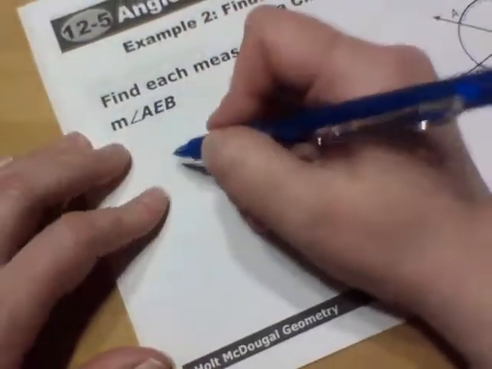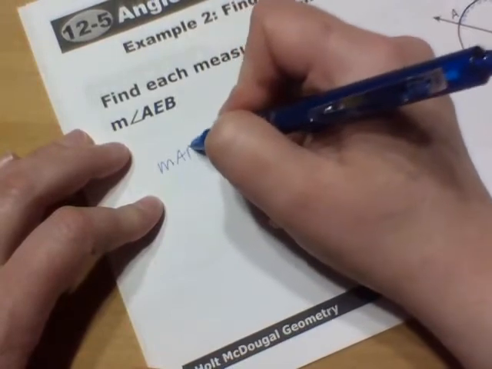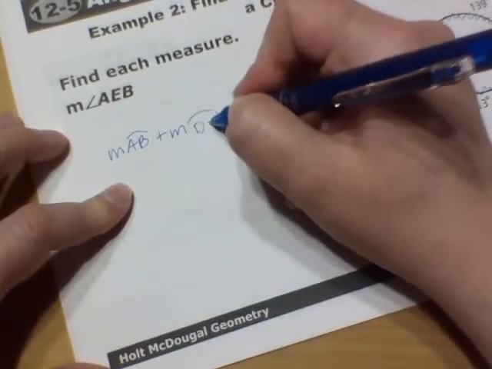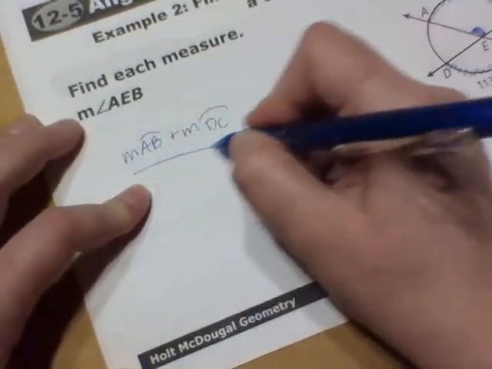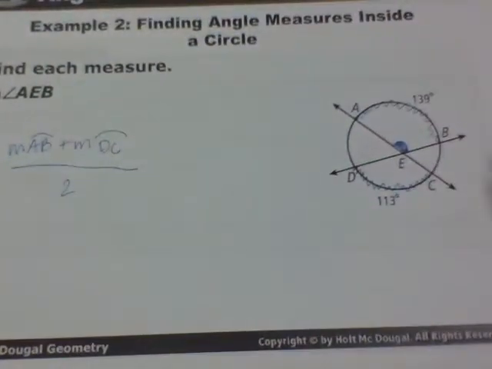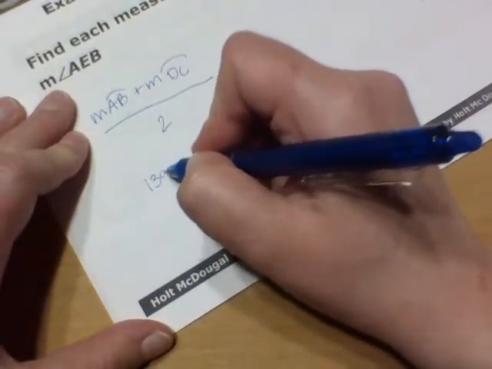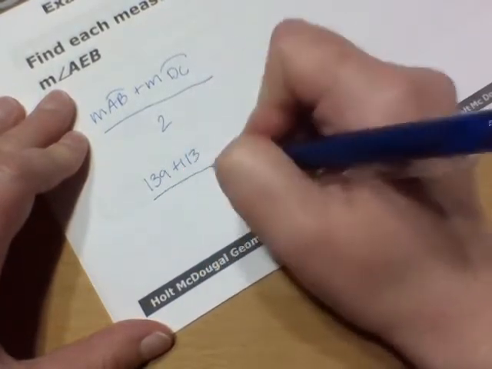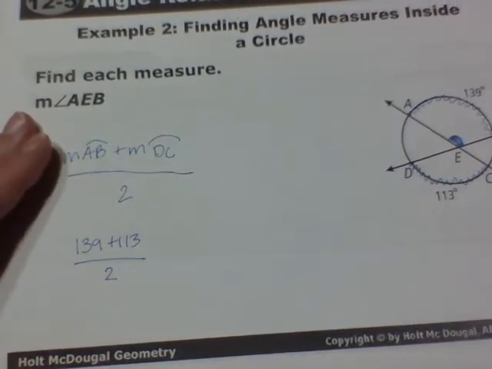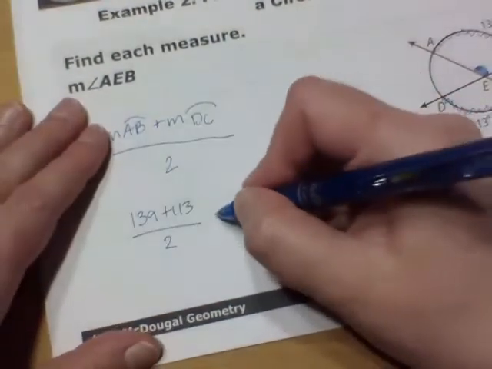So we're going to take the measure of arc AB, add it to the measure of arc DC, take all of that and divide by 2, and we'll get our angle measure. So that means that 139 plus 113 is going to be divided by 2, and we're going to get 126.